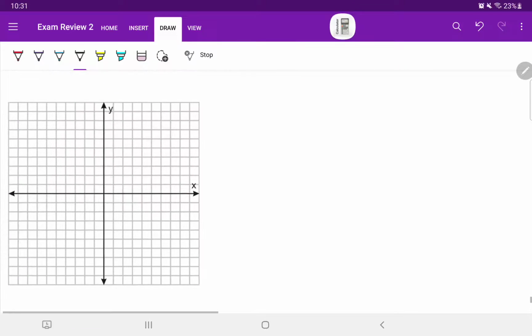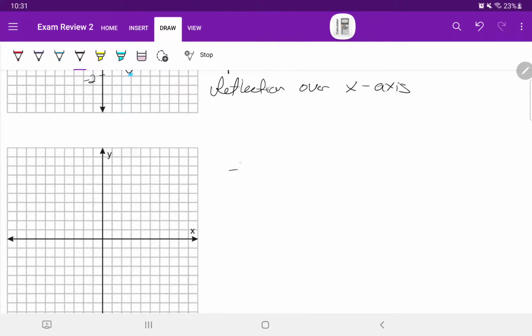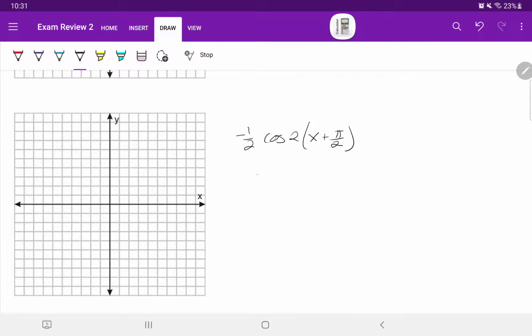And then the same thing when it comes to d of x, which is negative 1/2 cosine of 2 times x plus pi over 2. The only thing that would change from part C is that it is reflected over the x-axis.